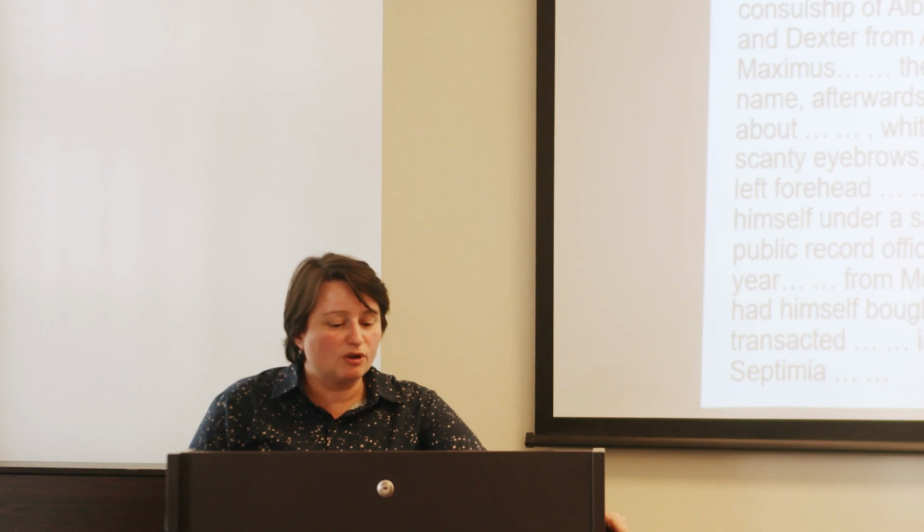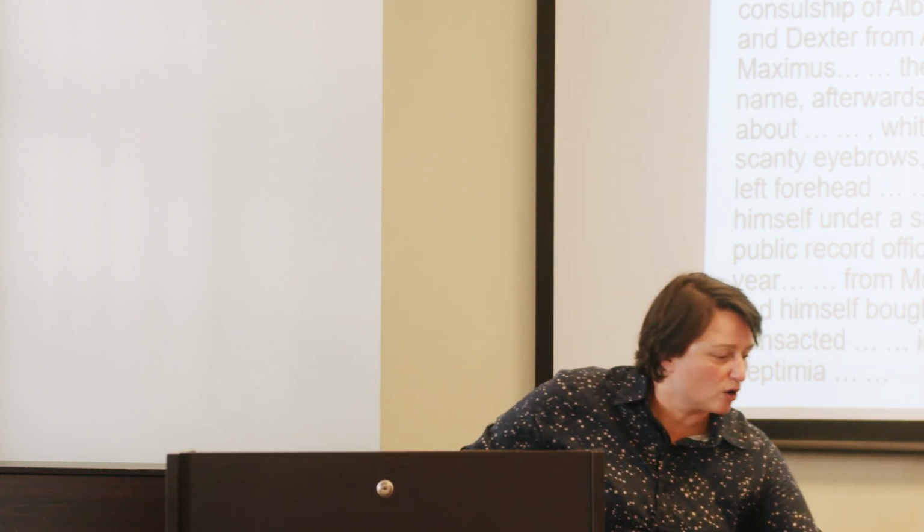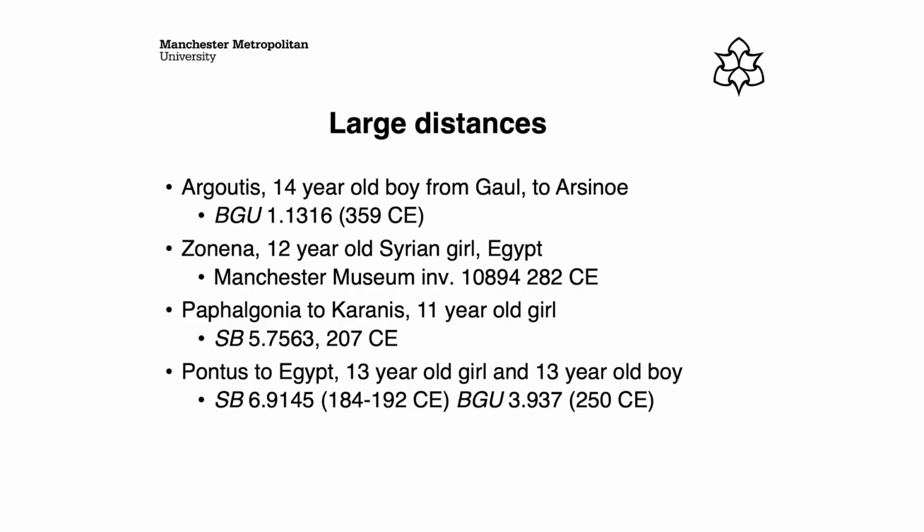We also know of a 14-year-old boy from Gaul who was named Argutis, moved to Sinaway in one document in Egypt in 359 CE. A 12-year-old Syrian girl named Zonina sold for the third time to a woman named Aurelia Alias in 282.